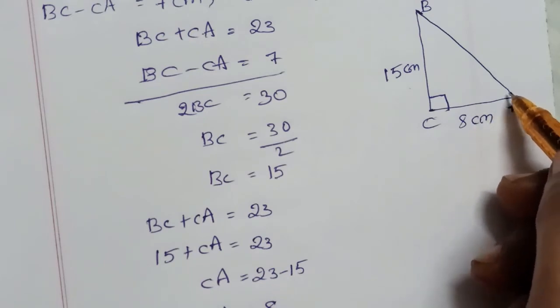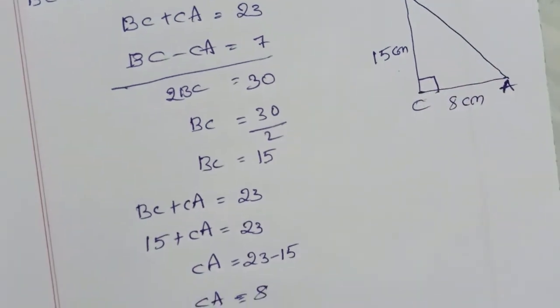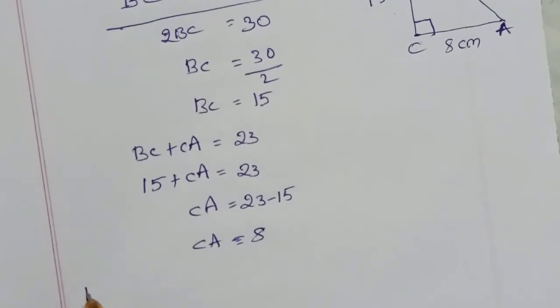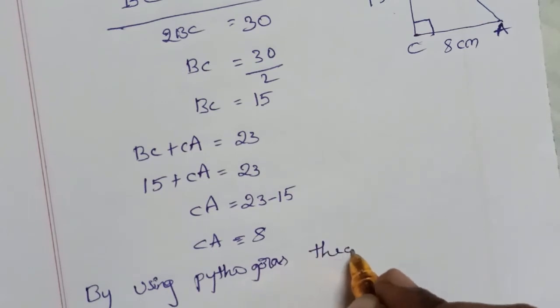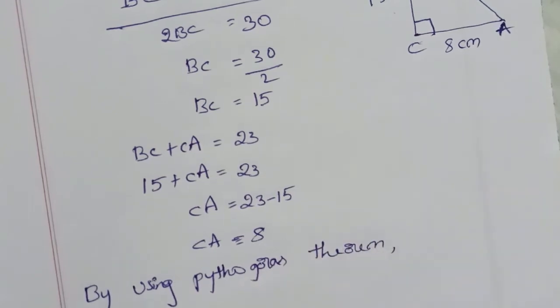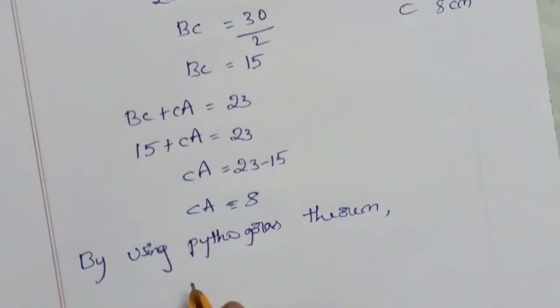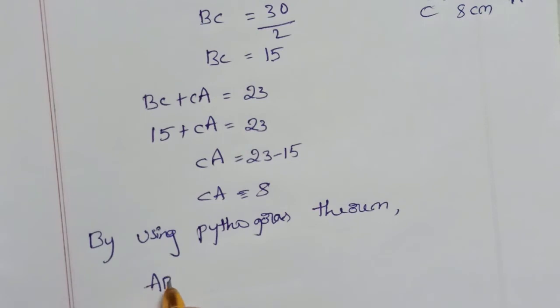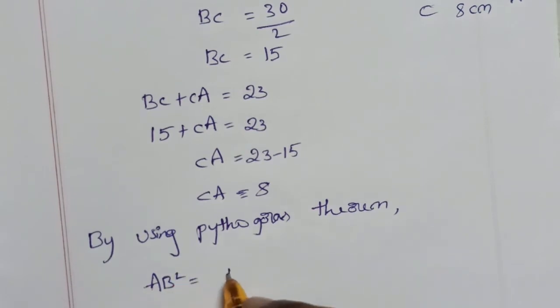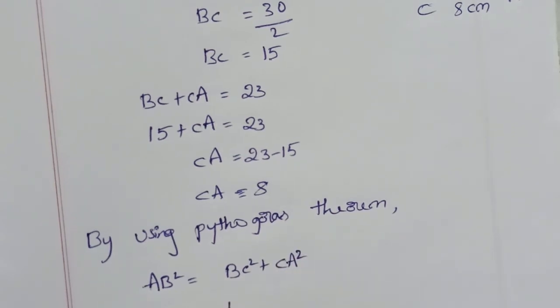Now find the length of AB. By using Pythagoras theorem, AB square is equal to BC square plus CA square. The length of BC is 15 centimeters.